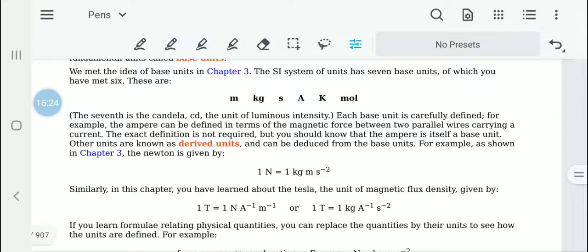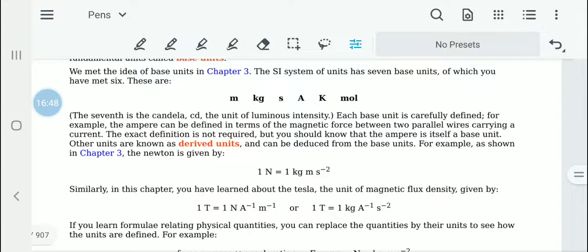1 Newton is 1 kilogram meter per second squared. Right? So you know that acceleration is involved here. Then there is a mass. That mass has to go through a distance in meters.